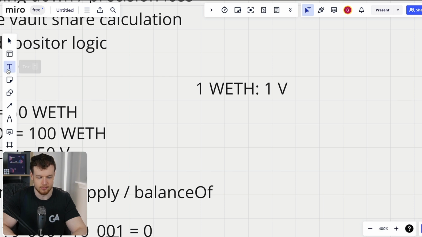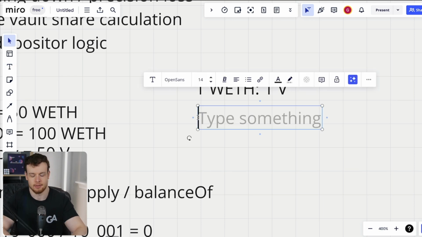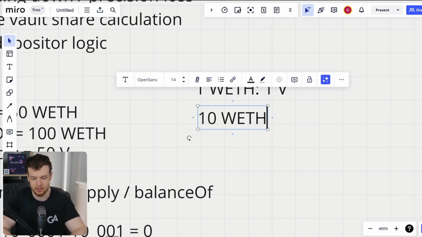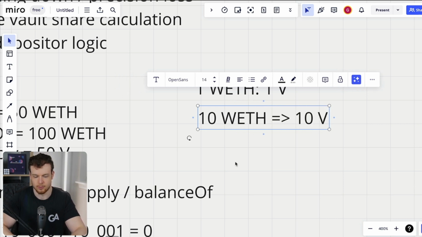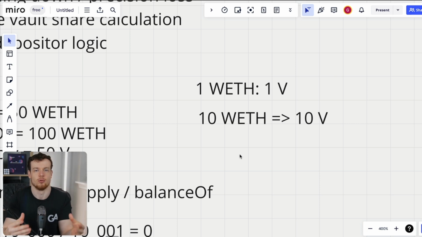If the first depositor puts in, let's say, 10 wrapped ether, then they will initially get 10 vault tokens. So there's an assumed 1-to-1 exchange rate between the amount that goes in and the vault tokens received for the first deposit.